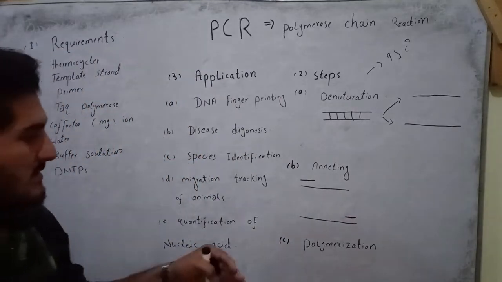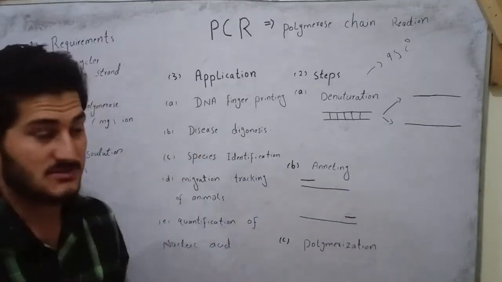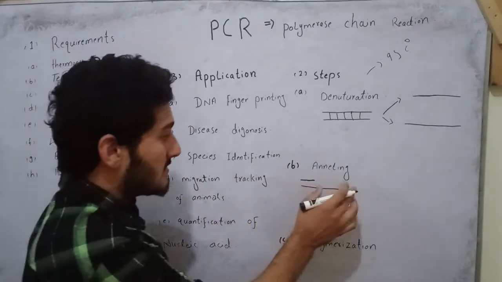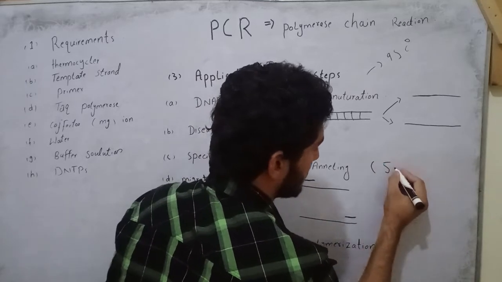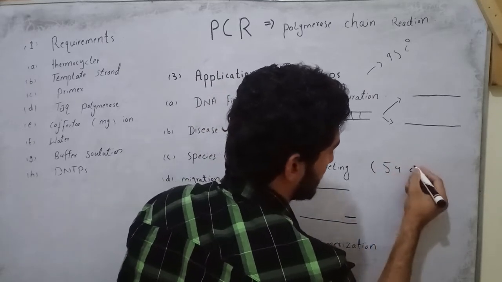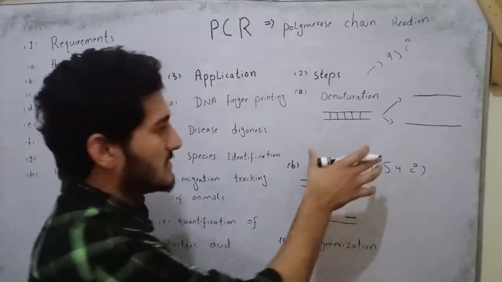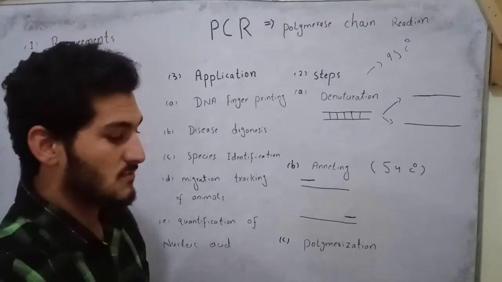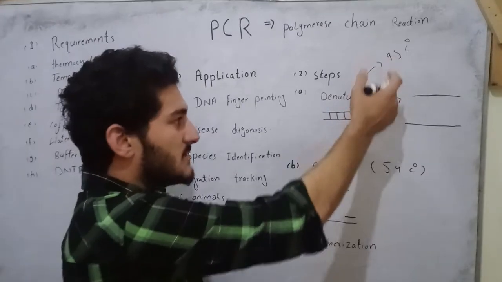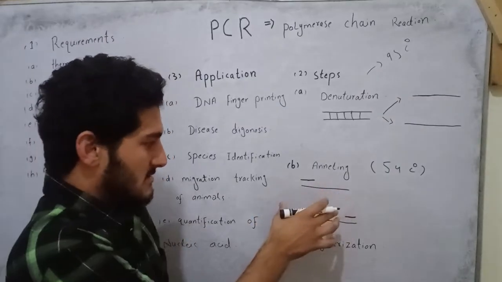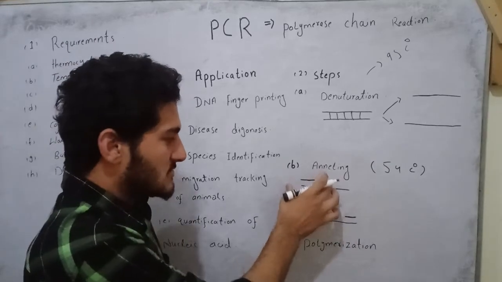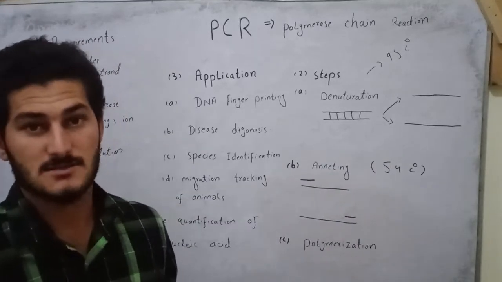Now when the primers are attached, a temperature of 54 is required. When we do the denaturation process, we make two template strands. So we reduce the temperature from 95 to 54 degrees centigrade. In the annealing step, the primers are attached to our template strand.